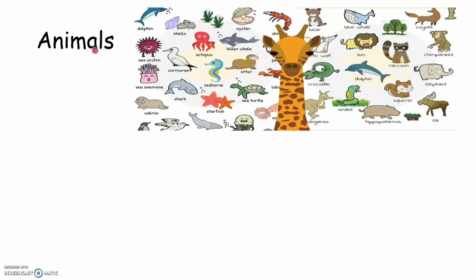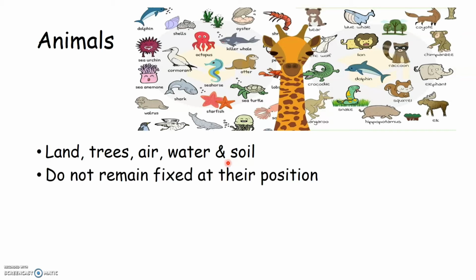No, animals live on land, water, trees, air and soil. Now we have learned that plants do not move from one place to another place. They remain fixed at their own position. But in case of animals, animals move from one place to another place in search of food and shelter. So they do not remain fixed at their own position.